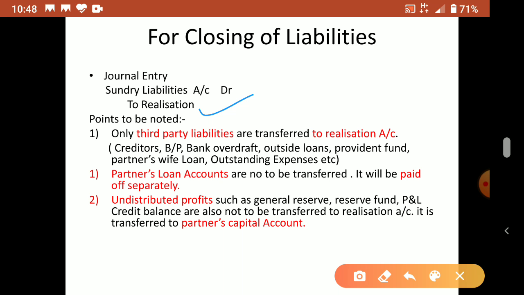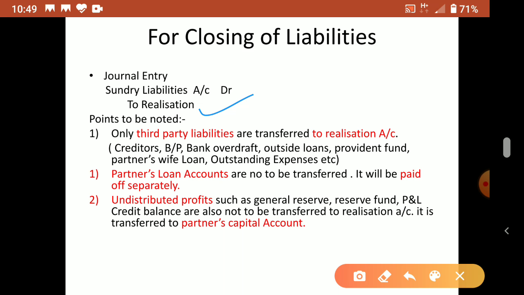Okay, so don't take the capital account and other reserves. You take only what? Outsiders' liability to the credit side. Okay, provisions I told you already. Provision against asset, anything that is there, you have to transfer.